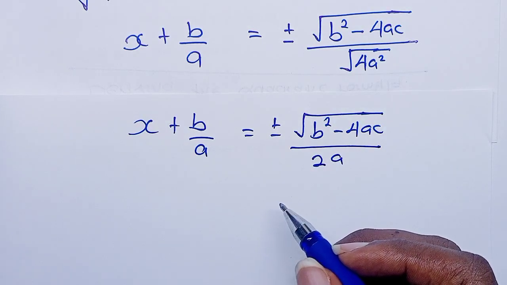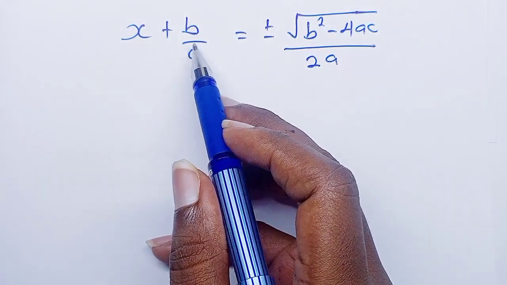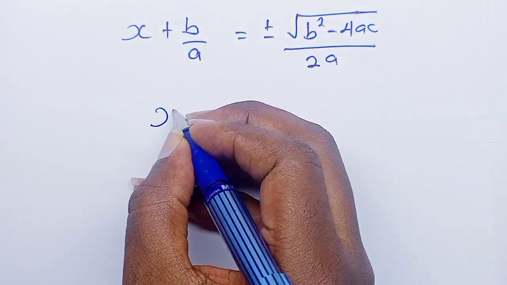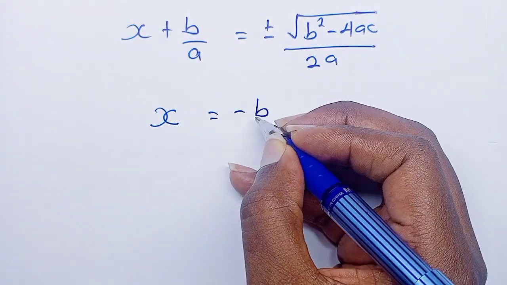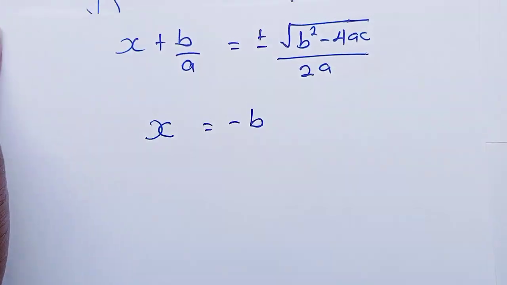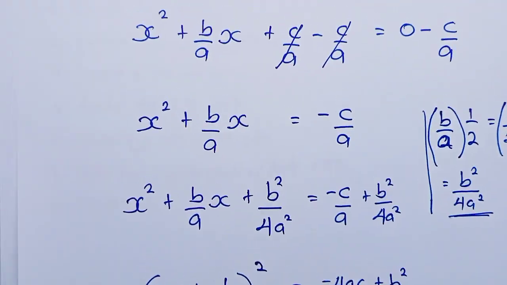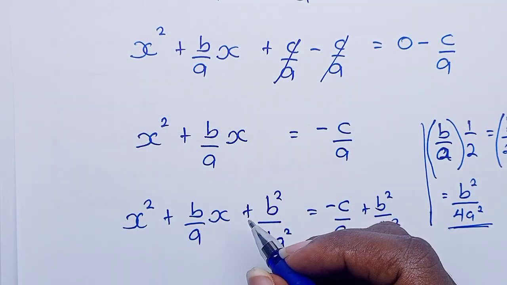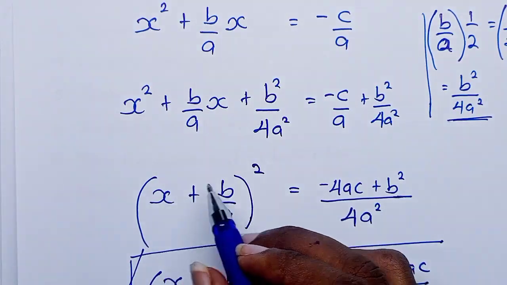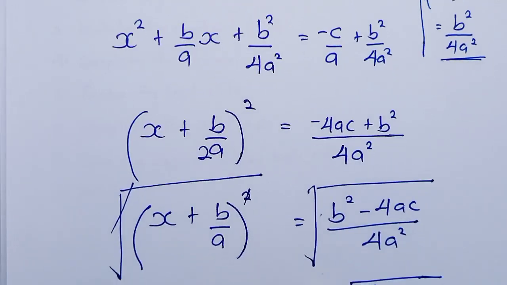Now the next step was to isolate x. We need to isolate x here. So we shall take this b over a to this side. So we shall have x being equal to minus b. Sorry guys, I made a mistake somewhere. I'm so sorry. Here, when we factor, this is supposed to be 2a.